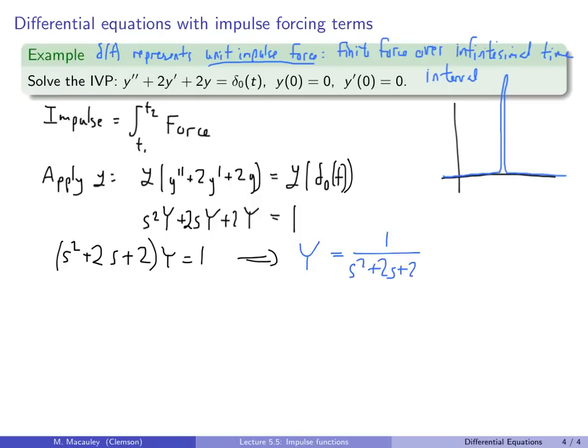Great, and how do we do this? Well, we have to complete the square. So we have s plus 1, quantity squared, plus 1. So this is the Laplace transform of sine, shifted by 1.